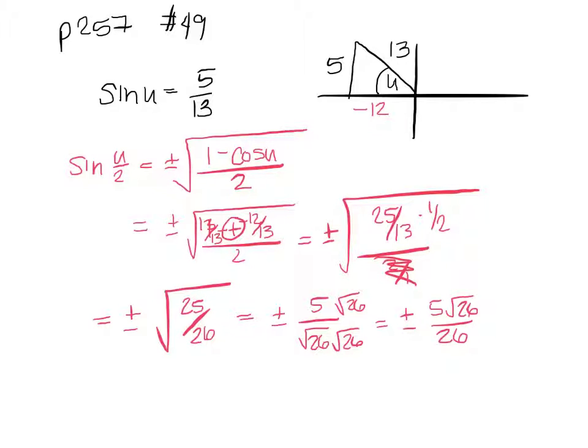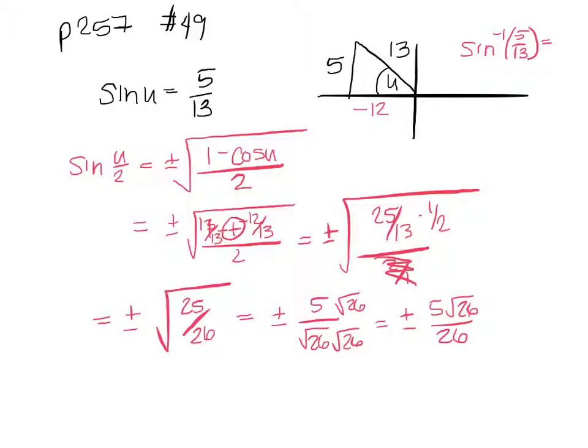And we need to figure out, is this going to be positive or negative? You know what we could do to figure that out? I could set up sine inverse of 5 over 13 equals... Thanks a lot, you stupid book.